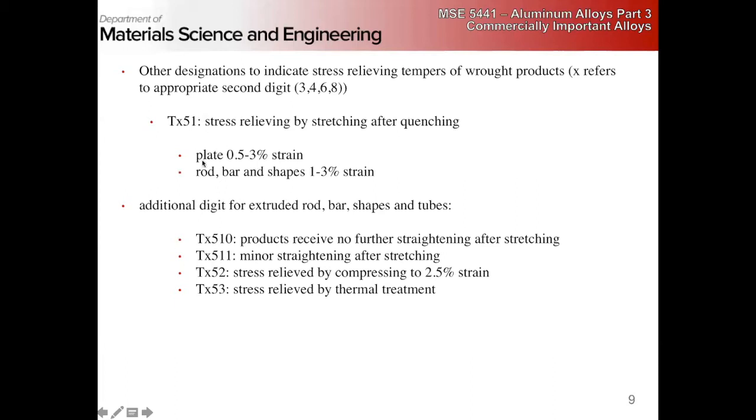So after it's quenched, it would get a strain depending on the shape. If we have extruded rod, bar, shapes, or tubes, we get another one, which means we've done stress relieving plus the degree of straightening and thermal relief that's gone into it. All right, so unless you work with these all the time, you're just going to have to look them up. I can never remember what these are off the top of my head.